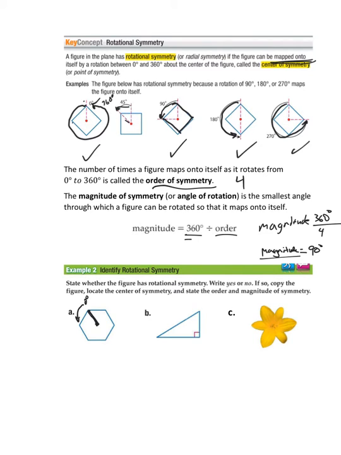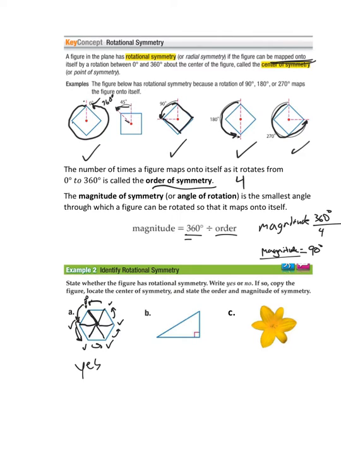When it gets to this next vertex. We don't know how many degrees that is, but that's once. Next vertex would be twice, next vertex 3 times, 4 times, 5 times, each of these being rotations. One last time, it's going to do it again at 360. So between 0 and 360, it mapped onto itself 6 times.